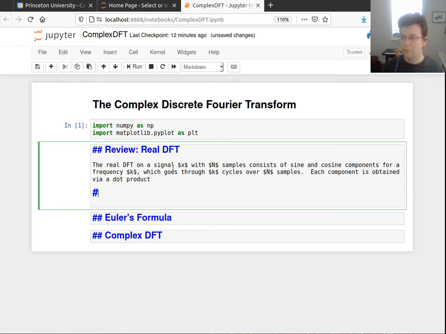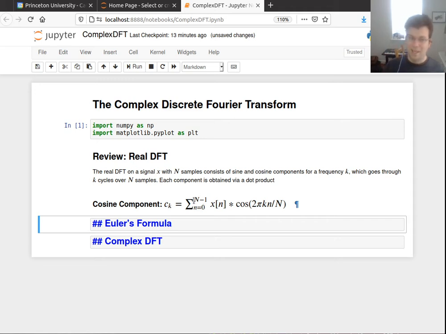So for the cosine component at frequency k, we say c sub k is equal to the sum from little n equals 0 to big N minus 1 of x at index n times cosine of 2 pi k n over N. So what this is saying is I'm going to take the dot product between my signal and a cosine, which goes through k cycles over my interval, sampled at N different locations, evenly spaced.